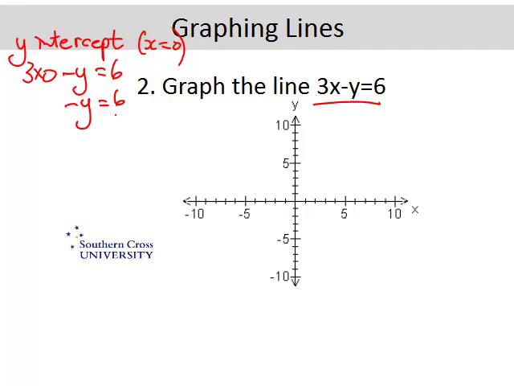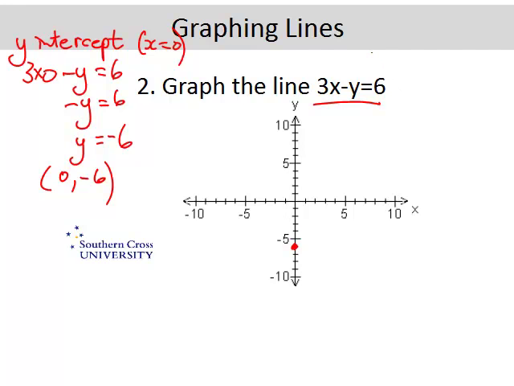And the usual thing to get rid of the minus sign is we multiply both sides by -1. So -1 times -y becomes y, and -1 times 6 becomes -6. So that makes the point 0, -6. So that is exactly there.